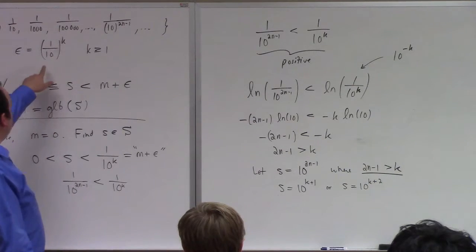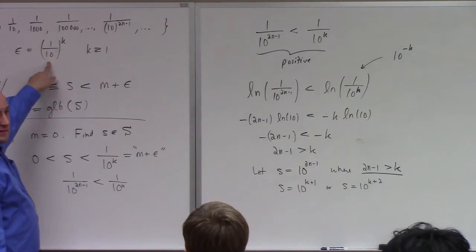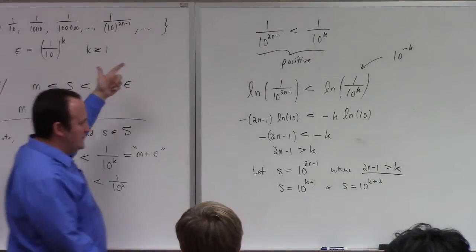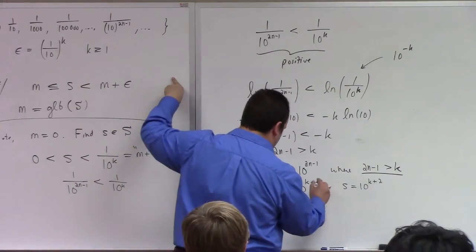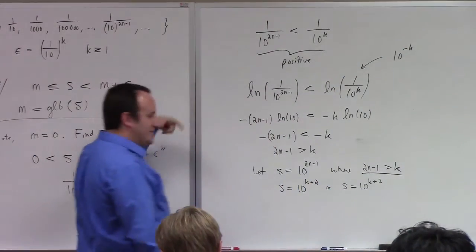Certainly, if k is odd, I can't take k plus 1 anyway, right? I need k plus 2. Otherwise, it's not in the set, right?